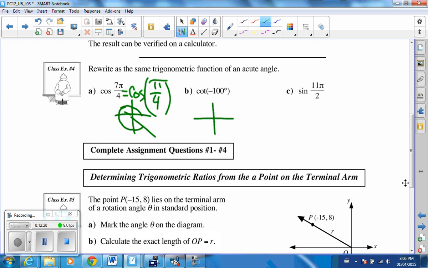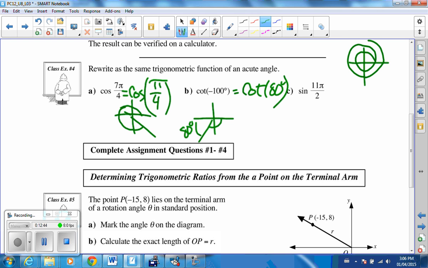Cotan of negative 100. Negative 100 is going to go to there. That's going to be the same as cotan of my reference angle, which is 80 degrees. For sine of 11 pi halves, 1, 2, 3, 4, 5, 6, 7, 8, 9, 10, 11.